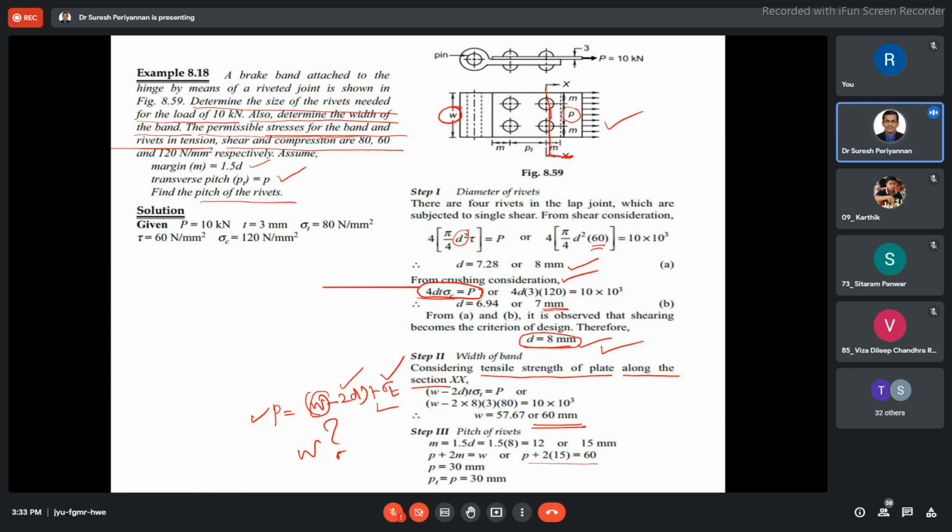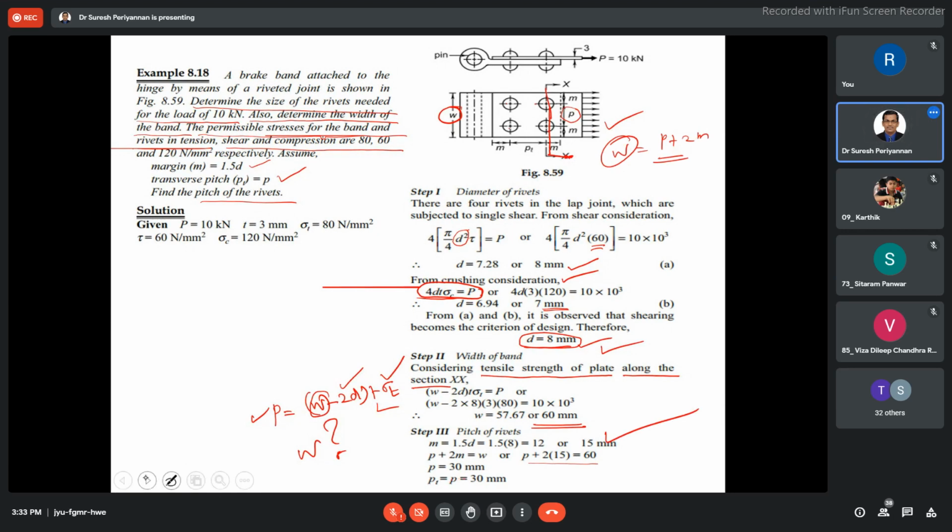W is nothing but P plus 2m. Once we know this, we can find it. We know m, which is given as 1.5 times the diameter, and we know W, so we are able to find the pitch. Now the transverse pitch Pt is equal to P, 30 mm.